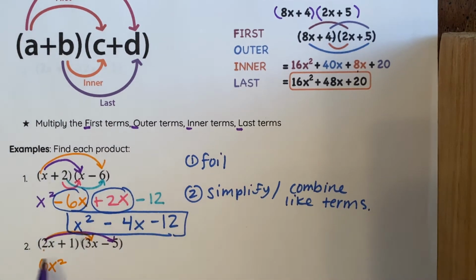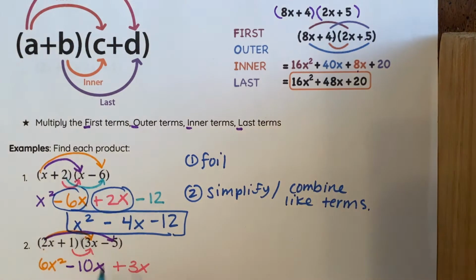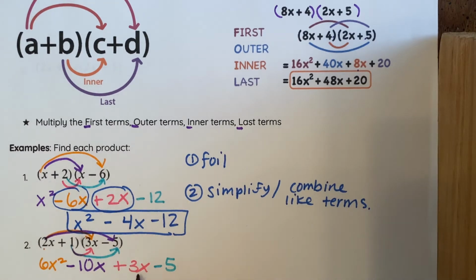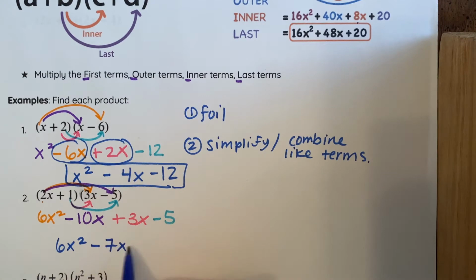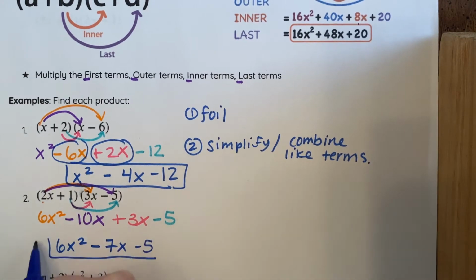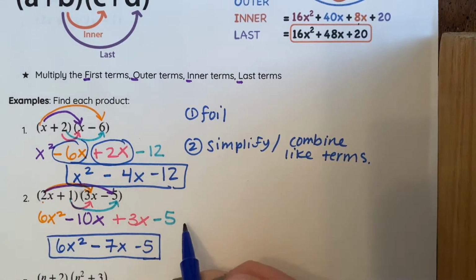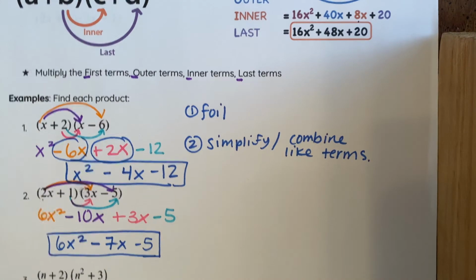So we have 2x times a -5, so -10x. The inner, so 3x. And then the last, so positive 1 times a -5 is a -5. And then we combine our like terms. So we get 6x squared, -10 plus 3 would be a -7x minus 5. So again, we FOILed and then simplified.